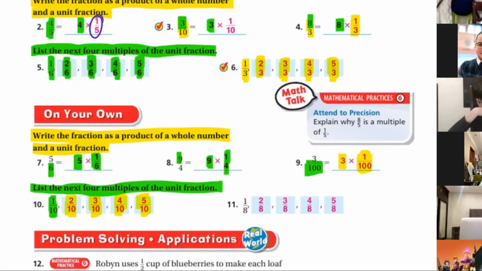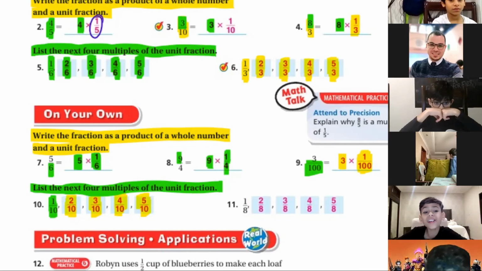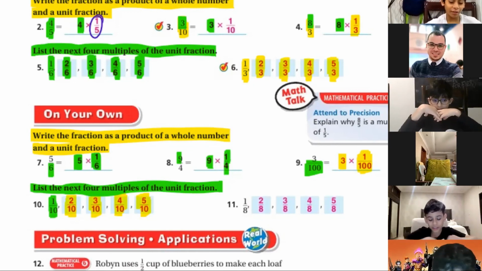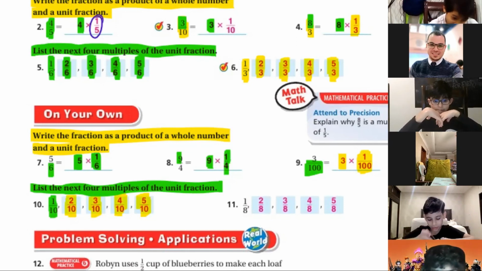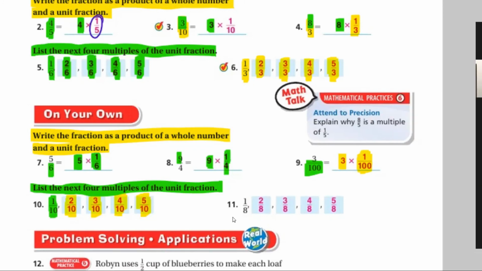What about Adam? Adam, are you there? Yes. Okay. So number 11, can you help with it? Let's find the next 4 multiples of the unit fractions. Okay, we have here 1 over 8.